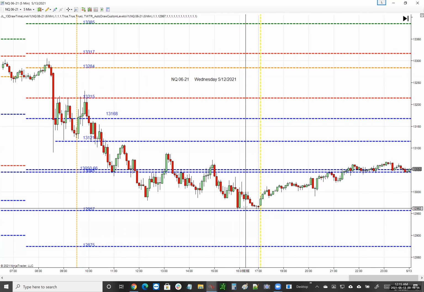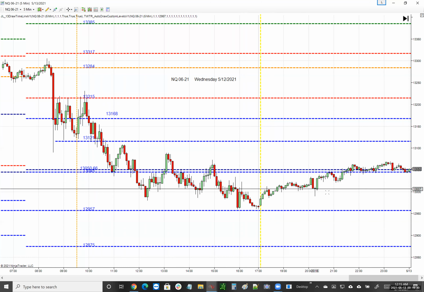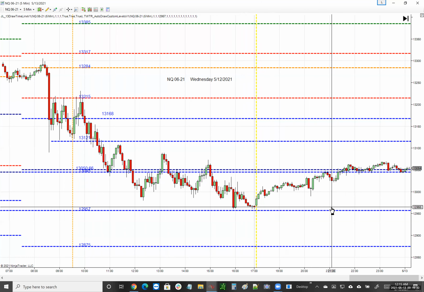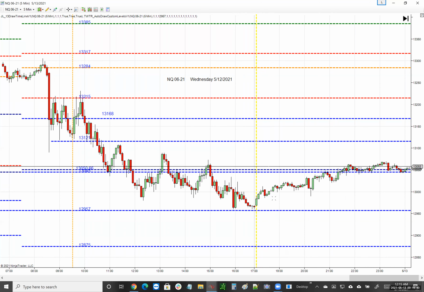So it came, I believe, to 60. 60 was the low, 3 points shy, but then it gave a fantastic bounce before the market closed, all the way to 60. It gave a 100 point bounce there by the evening. So that was a pretty good level. The first time it bounced 50 points, the second time it bounced 100 points.